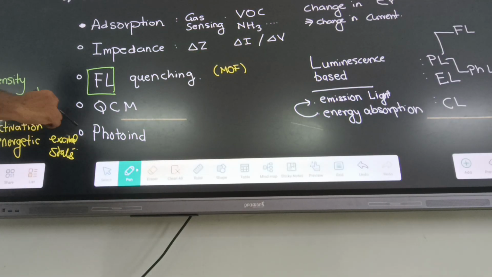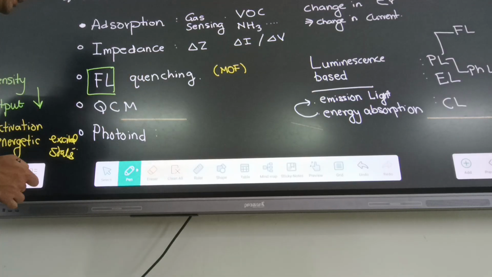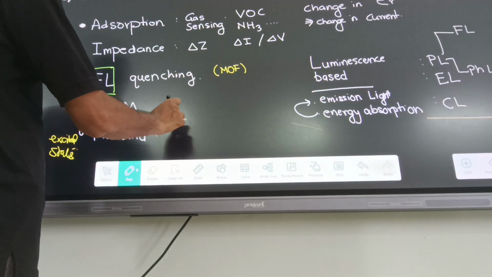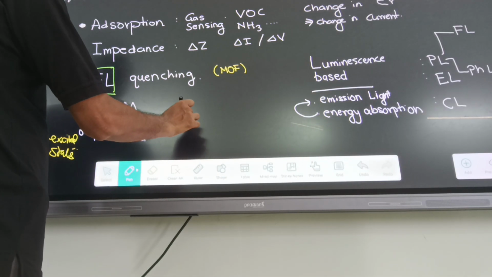Now, similarly, there can be a photoinduced chemical reaction taking place.